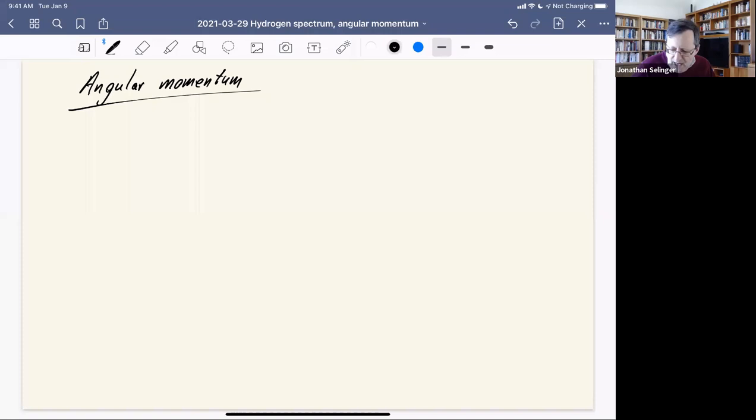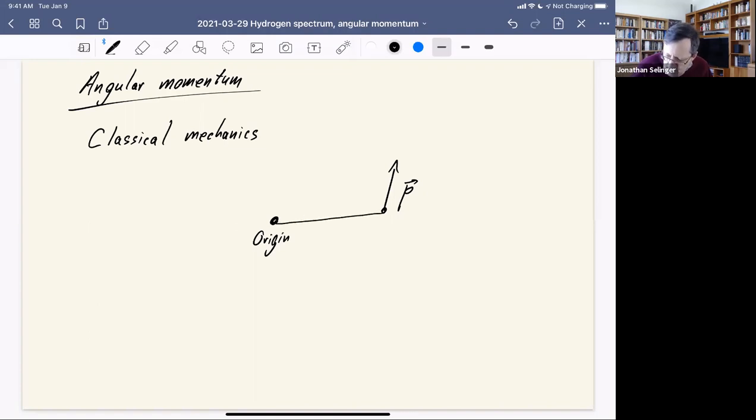So you remember the idea of angular momentum in classical mechanics. Let me just remind you a little bit. So in classical mechanics, if we have an object moving around a center, right? So here's our origin, and we have some object that's moving like this, momentum P, and there's a radius R out from the origin.